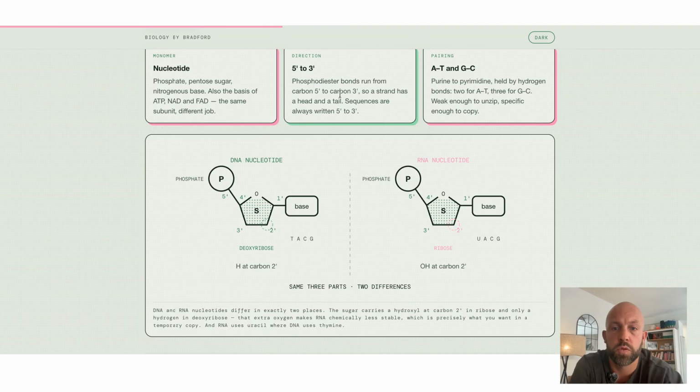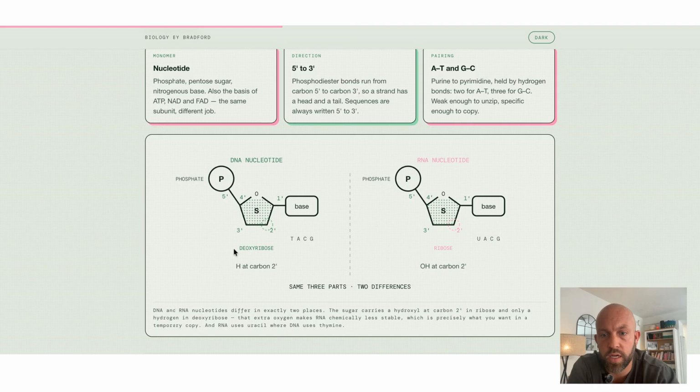So a strand has a head and a tail. Sequences are always written 5 to 3. That means that, like when we say something is synthesized, it's actually adding to the 3 end. When we say 5 to 3, like if we go A, T, G, C, so say this one's G, if we add another nucleotide, we're adding it to the 3 end.